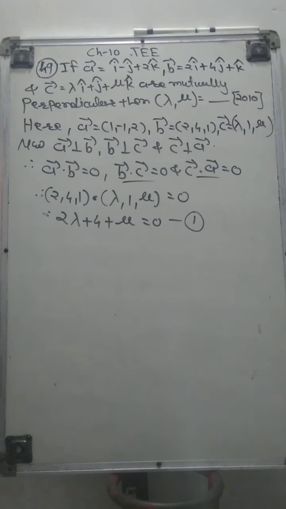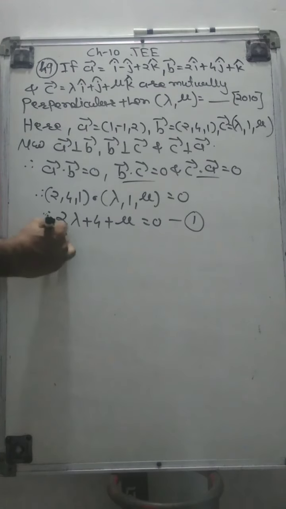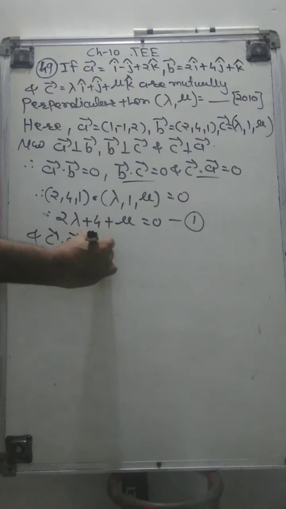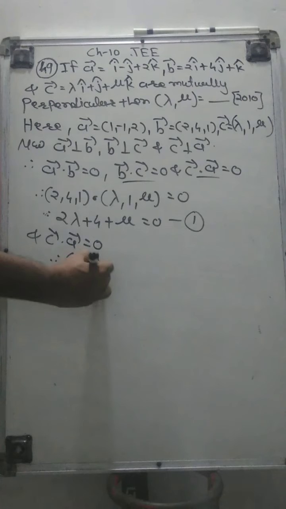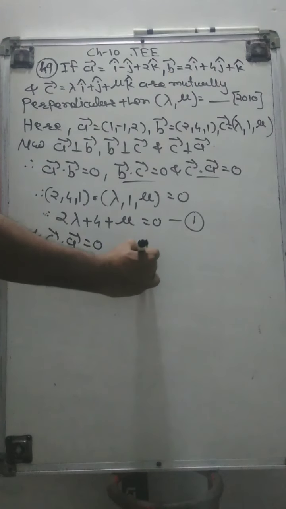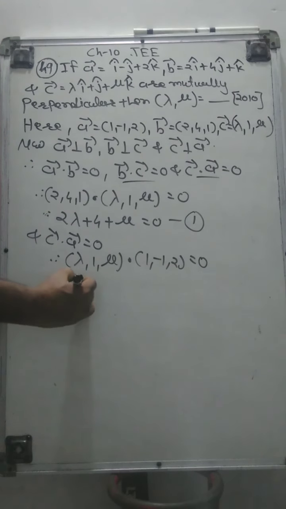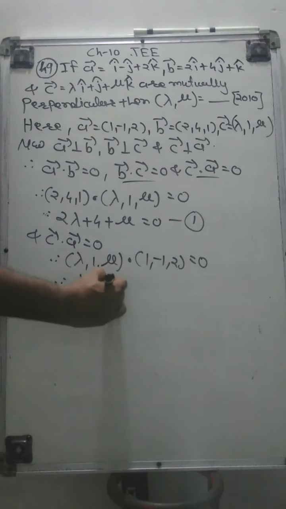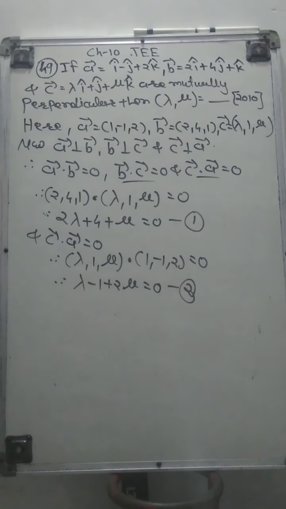In the same way, c dot a means a and c. c dot a is equal to 0. Therefore, (lambda, 1, mu) dot (1, minus 1, 2) is equal to 0. Therefore, we get another result, second result.